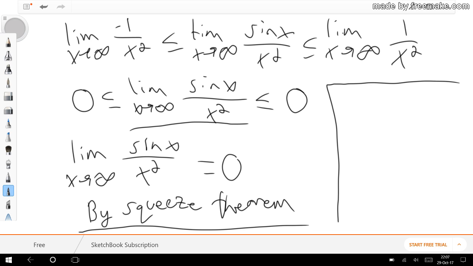If we had ended up solving this limit and figured out we had 0 is less than our limit, which is less than 5, we can't actually determine what this limit is because it could be 1, it could be 2, it could be 3, it could be 4, you get the point. But that doesn't mean the squeeze theorem doesn't work, it just means we didn't pick our bounds right.